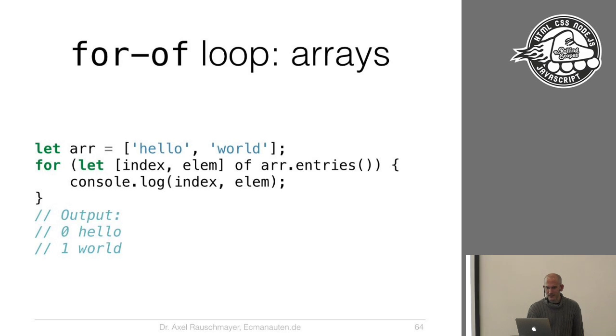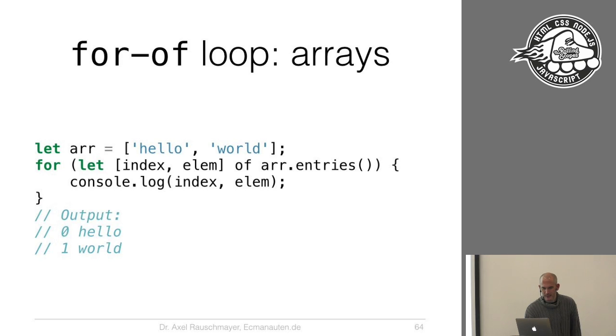And then you can even do this one, and this is, again, destructuring. What array.entries returns is a sequence of pairs, key-value pairs, where the key is the index and the value is the element. So it returns two arrays in this case. The first array is 0, hello.